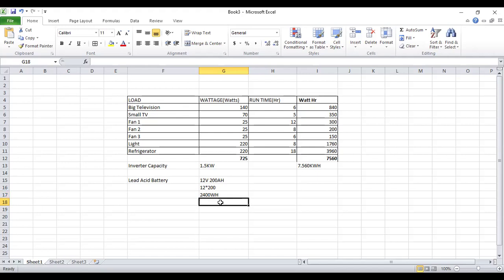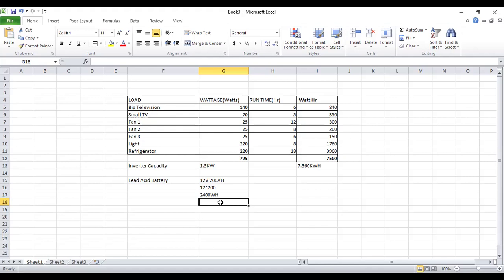For you to get the best out of these batteries, you have to work within this depth of discharge. You understand the point? If you are installing the inverter, you have to configure it.